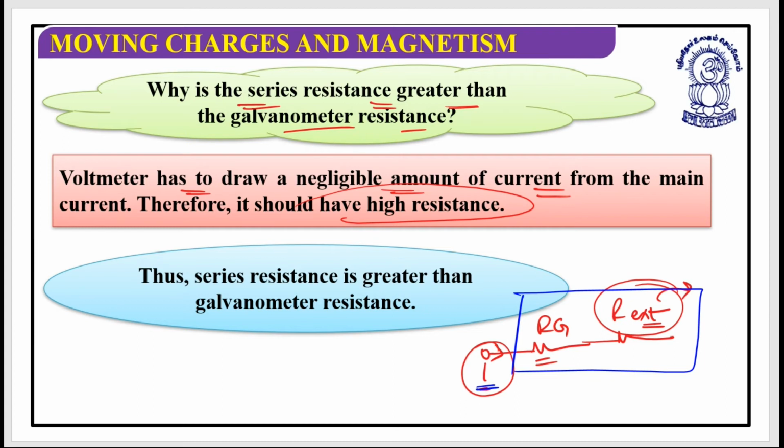I hope this is clear. So the series resistance must be greater than the galvanometer resistance.